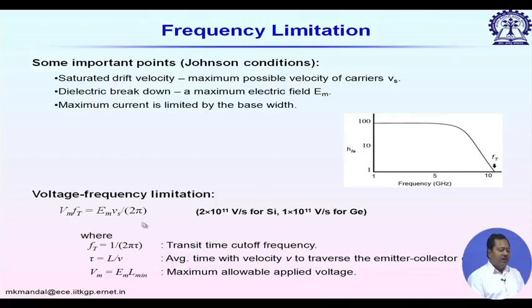We can also express this quantity Em Vs by 2 pi in terms of current and in terms of power. Simply we have to replace the voltage by the corresponding expression of current and the corresponding expression for power. It is shown in the next slide.